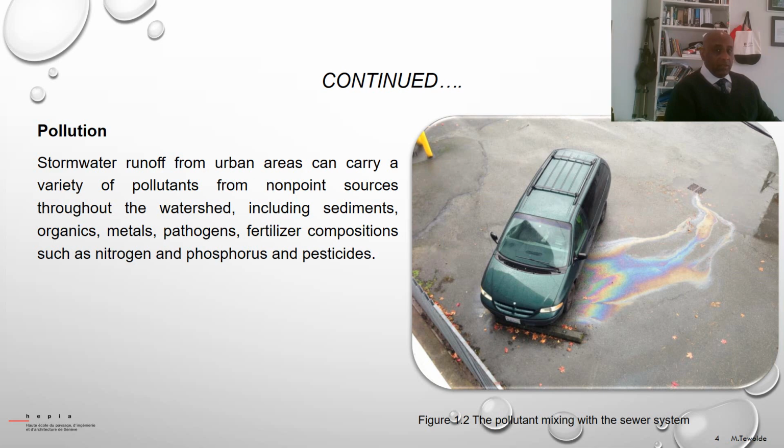Fertilizer contains nitrogen and phosphorus, which are chemicals that may affect river life. For example, nitrogen most of the time mixes with oxygen and becomes nitrate, NO3.